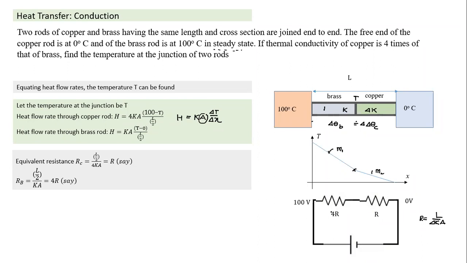So one is R, the other is 4R, and this is 0 volt, this is 100 volts of temperature. All I need to do is find the potential here. So this is the equivalent current electricity circuit. Here the 100 potential difference will be shared in proportion of 4:1, so it becomes 20 volts or 20 degrees centigrade. So we can solve it by voltage at the junction also.